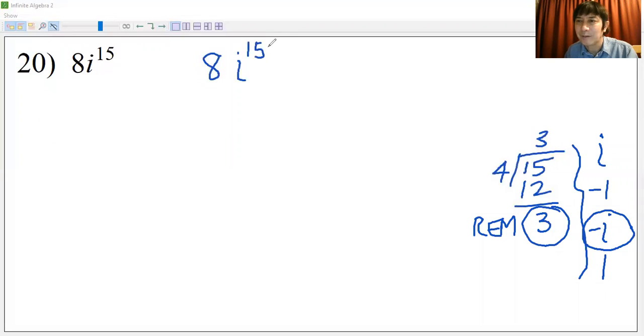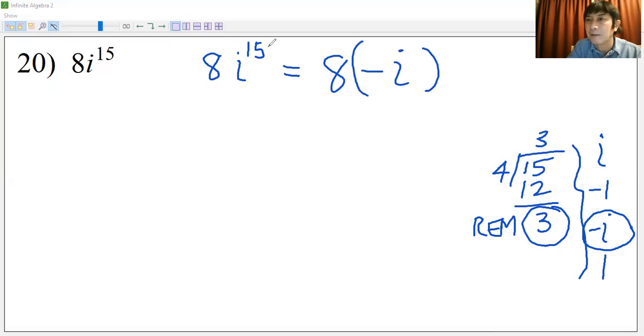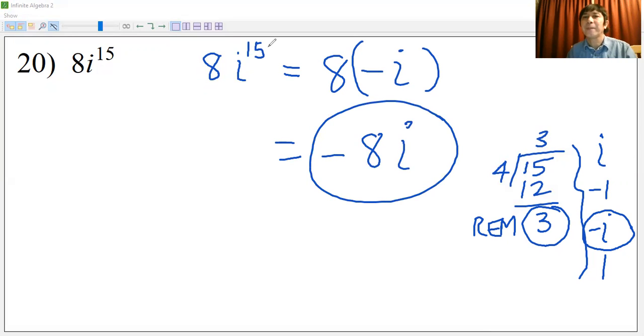When you divide 15 by 4, the remainder is 3. So the equivalent of i to the 15 is negative i. So this is equivalent to 8 times negative i. We're multiplying it like that, so that means this is negative 8i. And that should be our answer here. Negative 8i.